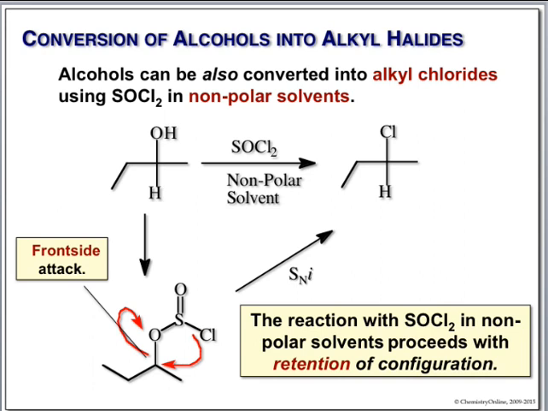With a nonpolar solvent, we get retention. With pyridine, we get inversion. Very nice test question. I'll give you a chiral compound like this. Again, we would get retention of our configuration. Any questions?